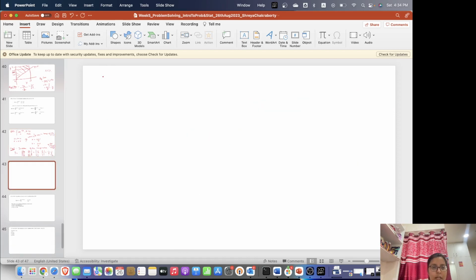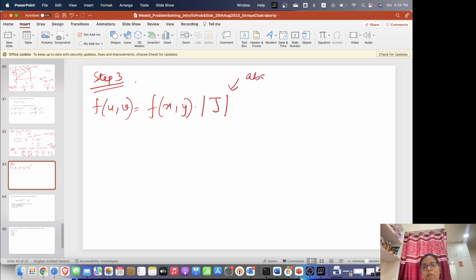So step 3 is f of uv is f of xy into the absolute value of the Jacobian, and f of xy represented in terms of u and v.